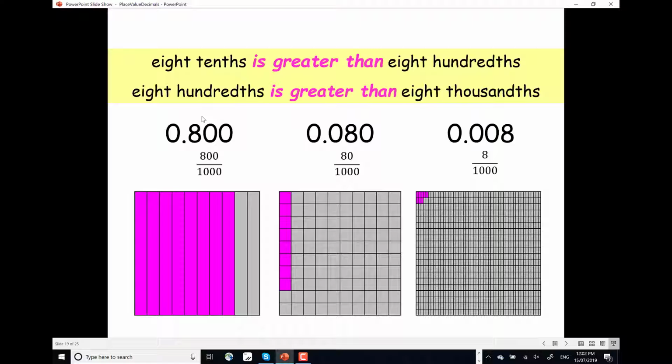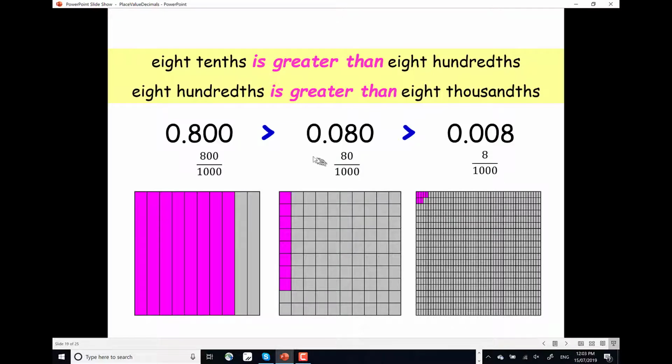Okay, in this example, I've written it and drawn it 3 different ways for you to be able to compare them. Now what I've done is I've made sure that the decimals and the fractions are the same so that you can easily compare and see which is greater and which is smaller. So in this case, we've got three fractions. We've got 8 over 10, which can also be written as 800 over 1,000. We've also got 8 over 100, as can be seen here, or we've got 8 over 1,000.